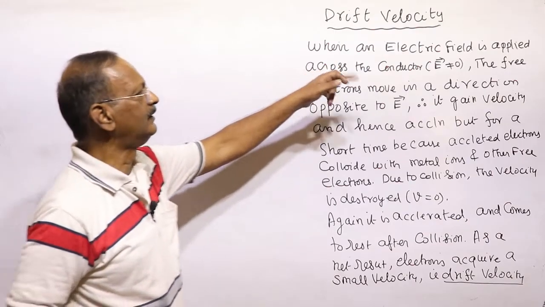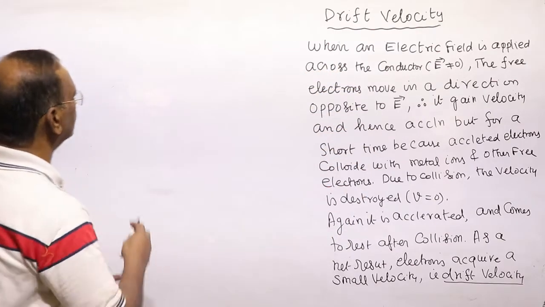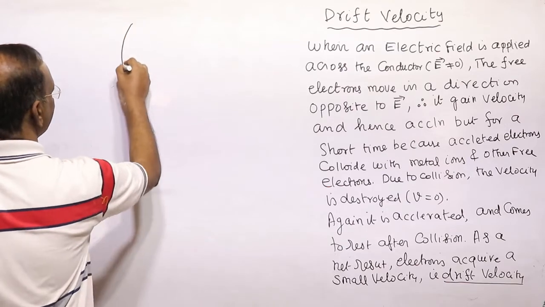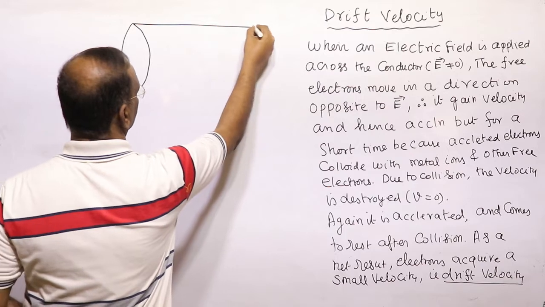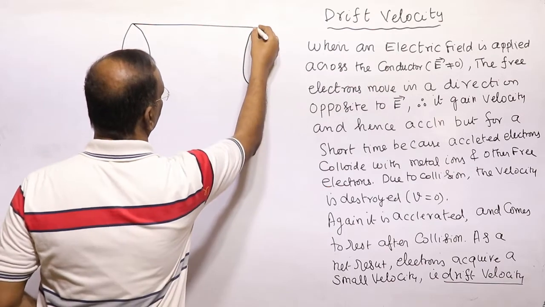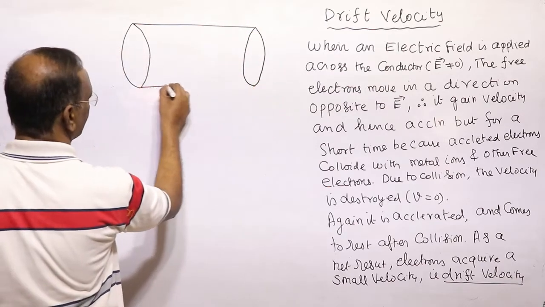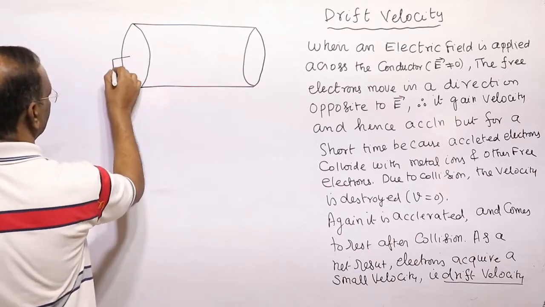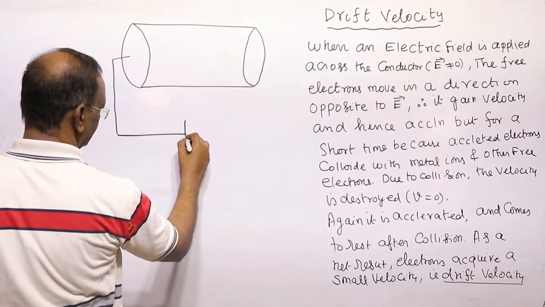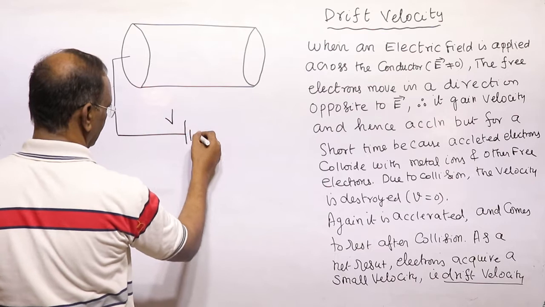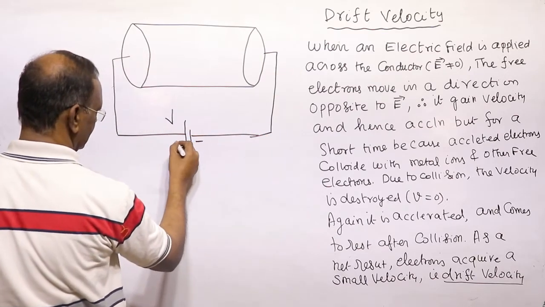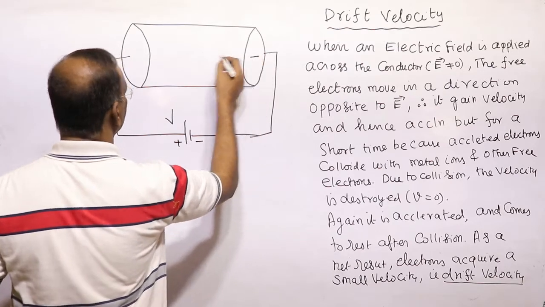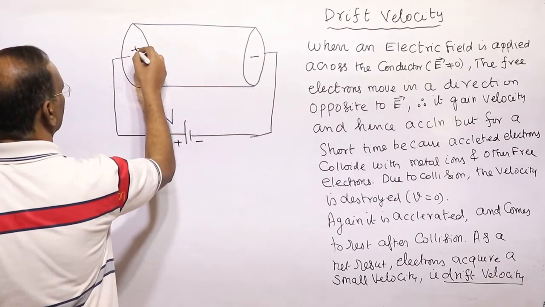Now when an electric field is applied across the conductor, say a conductor of length L, a potential difference is applied. This side will be negative and this side will be positive.